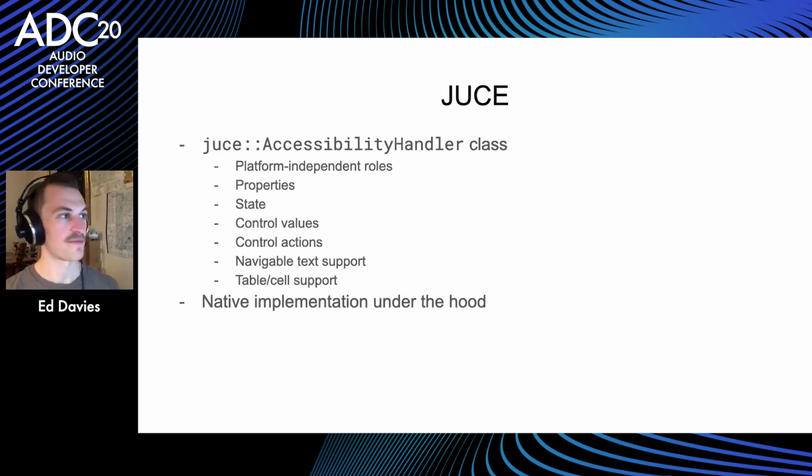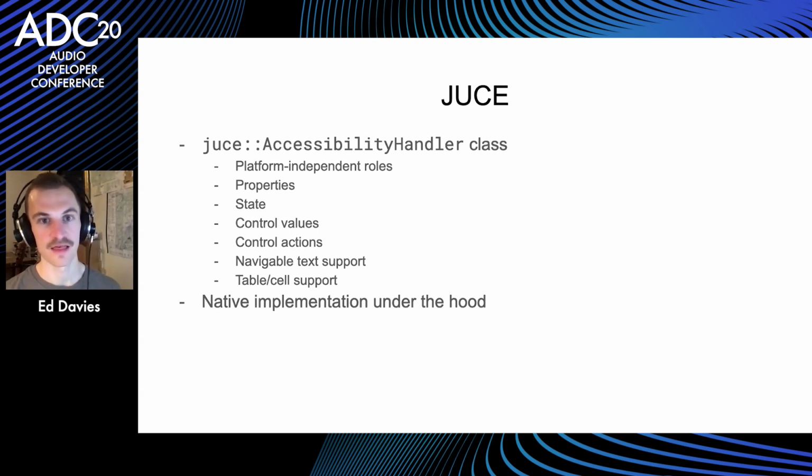And so the API is still kind of in flux at the moment, but broadly what it looks like is the JUCE accessibility handler class. And this has some things like platform independent roles. So this is just an enum class with some roles that aren't specific to either platform, but will be broad enough to cover both.